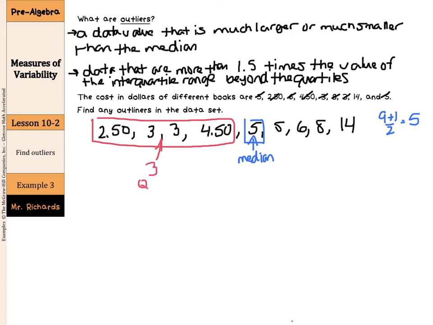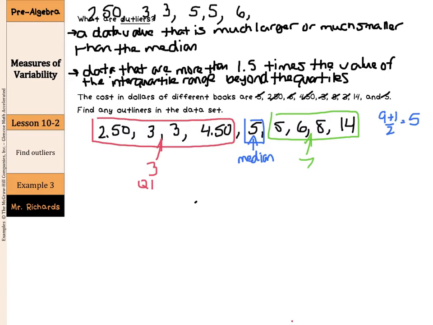So that's my first quartile. Then, if I look at my upper half of the data, I find the median of the upper half in between the 6 and the 8 there, which is 7. So that's going to be my third quartile. Then, I need to calculate my interquartile range. Well, that's just the difference between the two quartiles, so that's going to be 7 minus 3, or an interquartile range of 4.